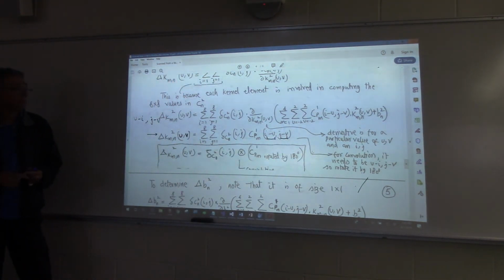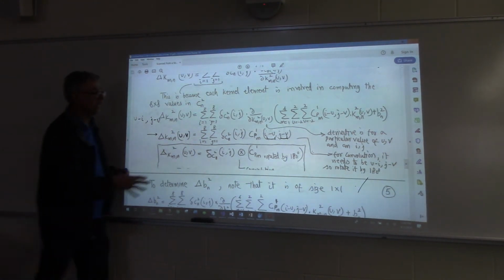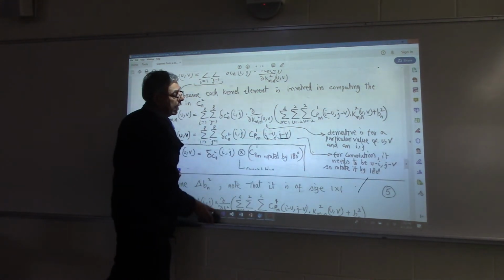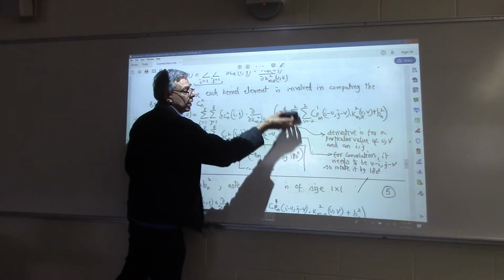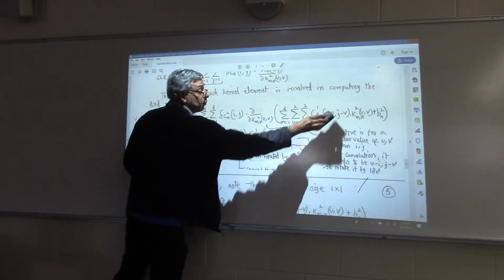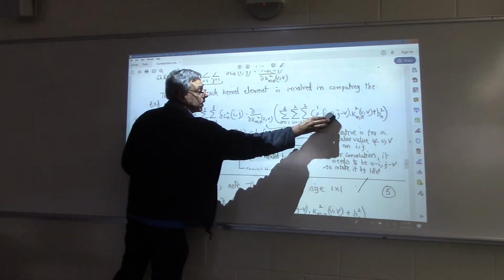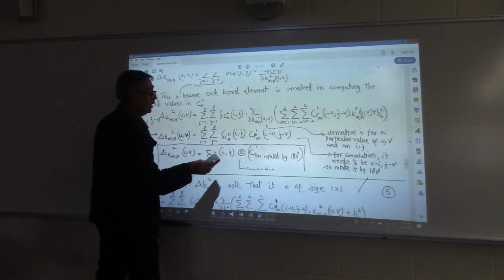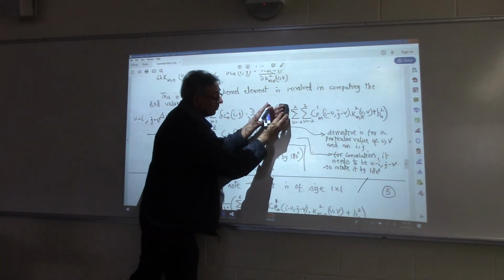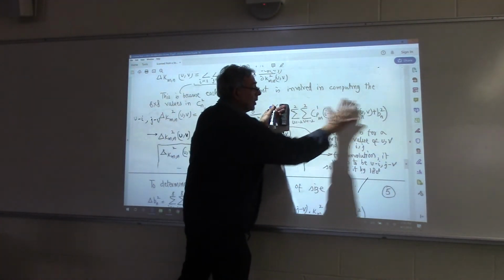So this is because we're computing the derivative with respect to delta KMN at UV. At UV, correct. That's why that is in lowercase. Yeah, but we didn't write it, that's how it came out, because as we went through the forward pass, this is how it was. See over here, this was the convolution, right? So just focus on the forward pass.